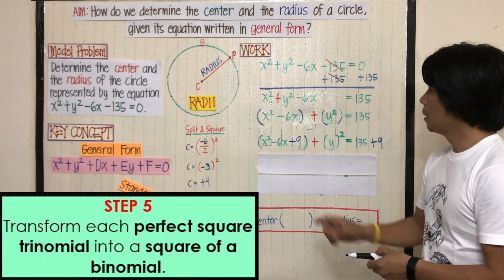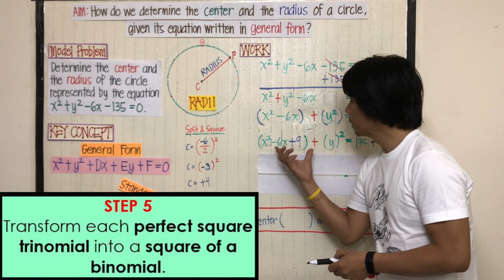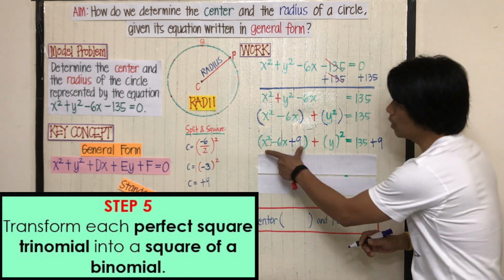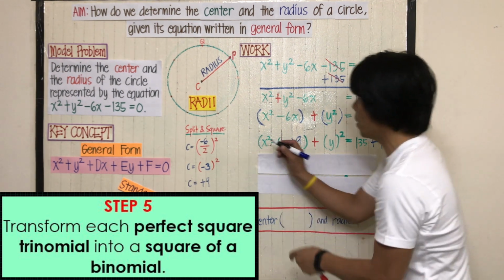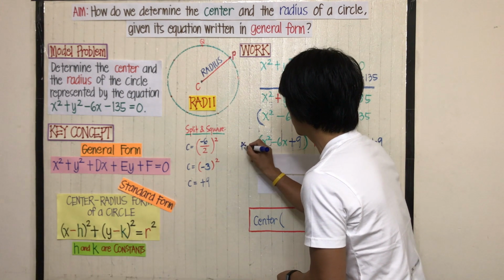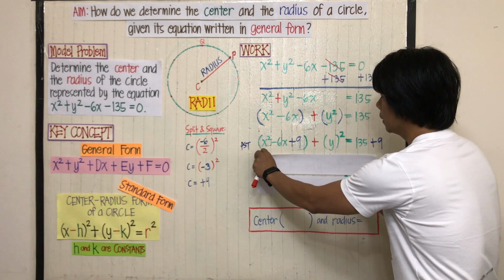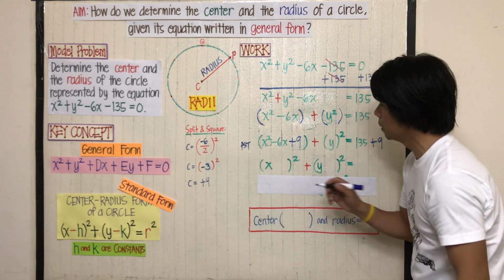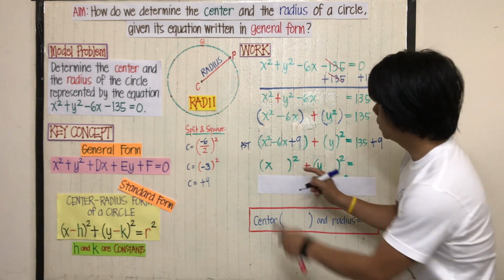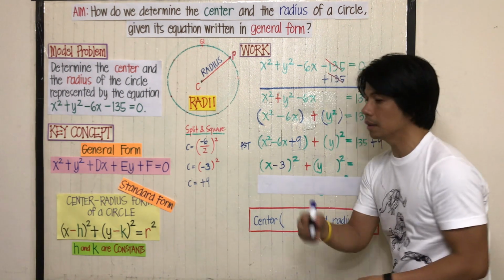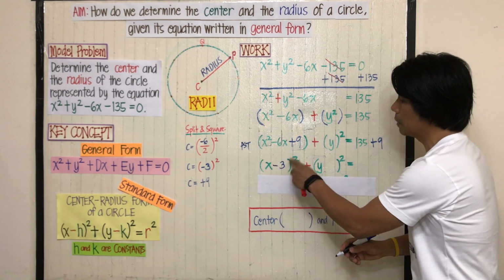It says transform each perfect square trinomial into a square of a binomial. So we know that this is a perfect square trinomial. I'm going to write down PST, perfect square trinomial, now into a square of binomial. So a square of binomial is x minus 3. Again, check out the link below where I briefly discussed this.